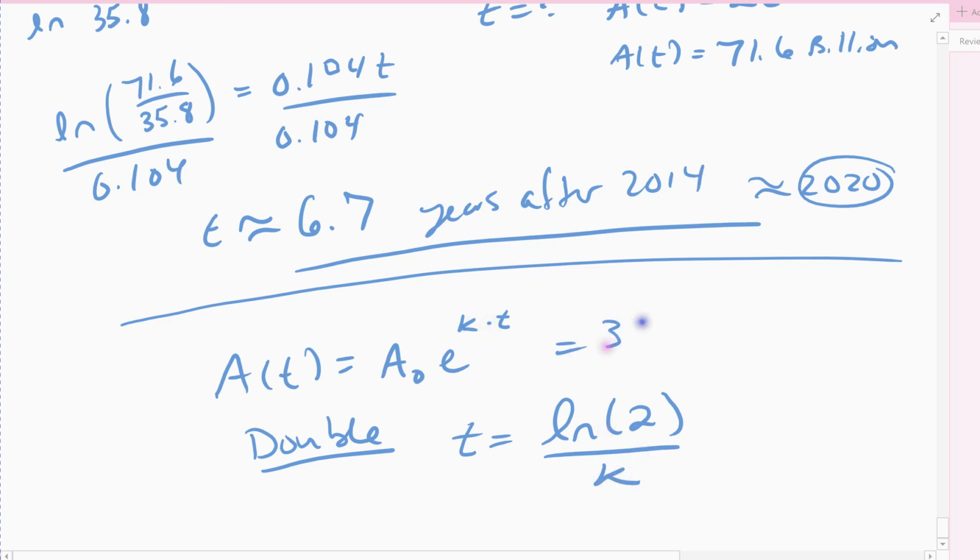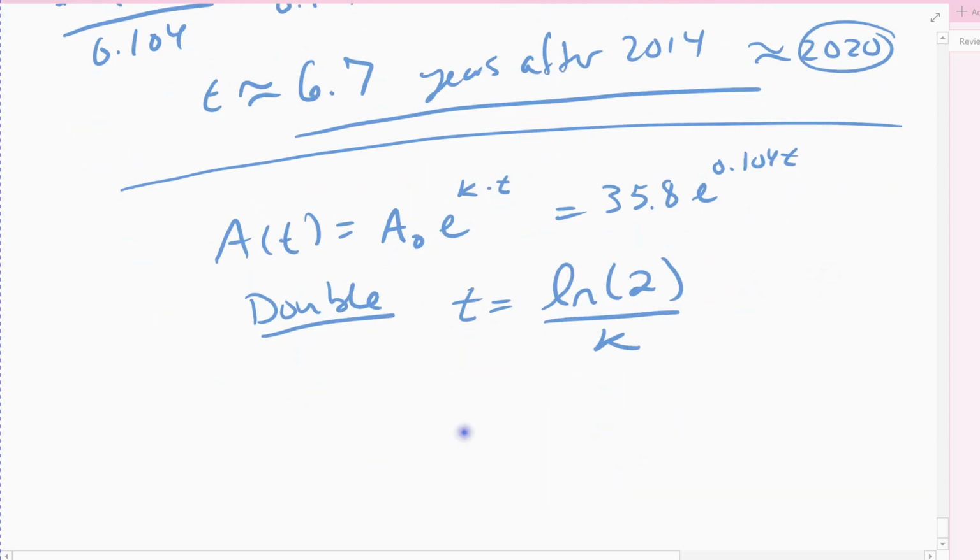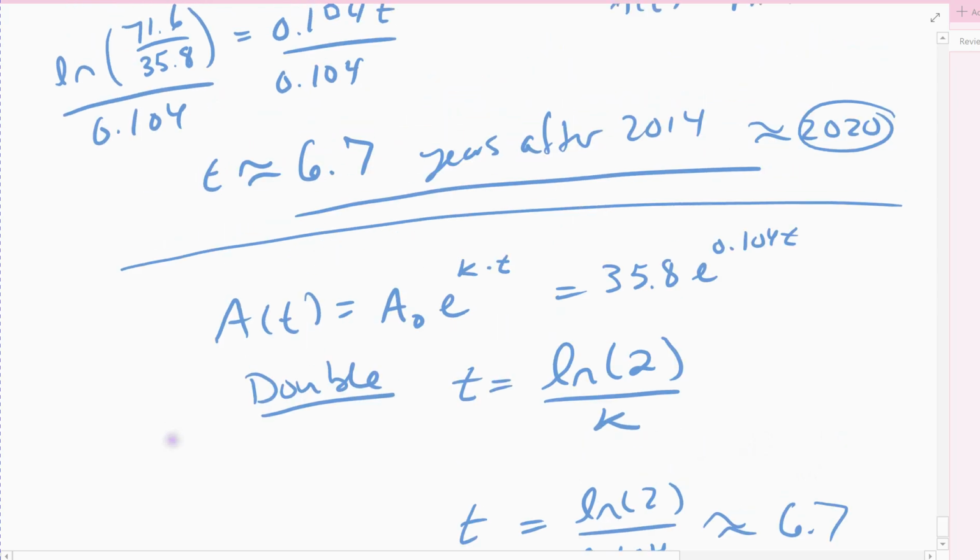Our function was 35.8 e raised to the 0.104 times t. You can check that t equals the natural log of 2 divided by 0.104, and it will come out to the same value we got before, 6.7.